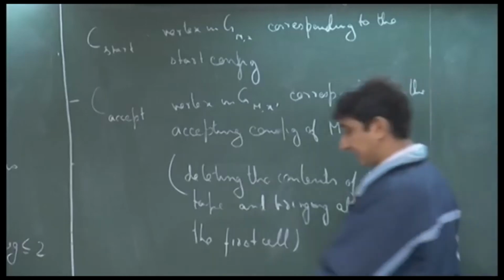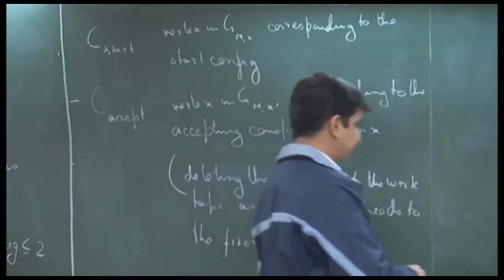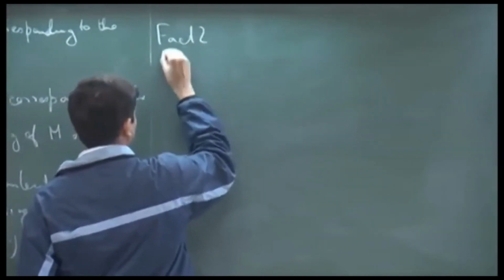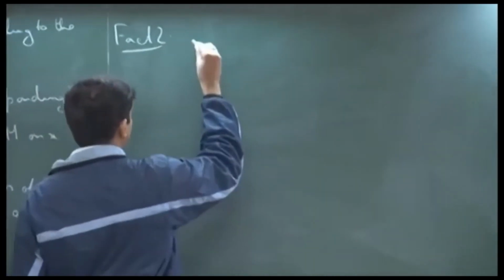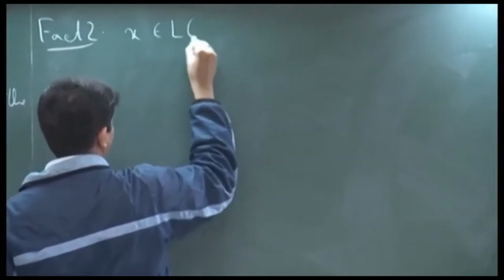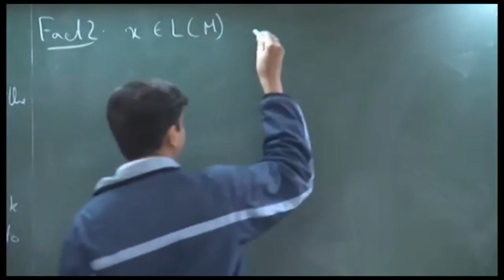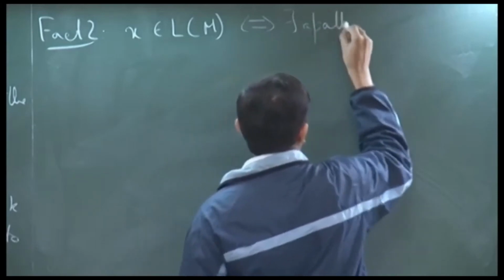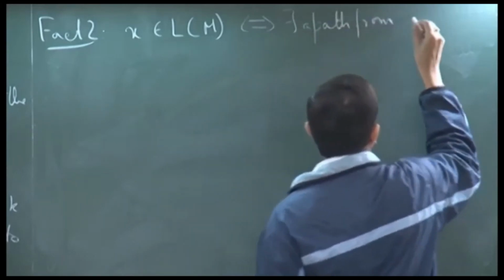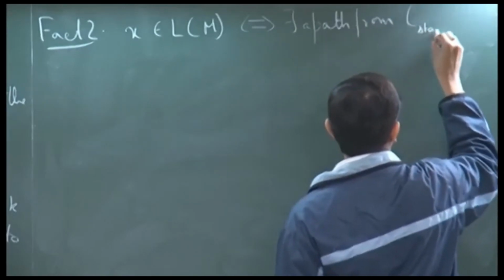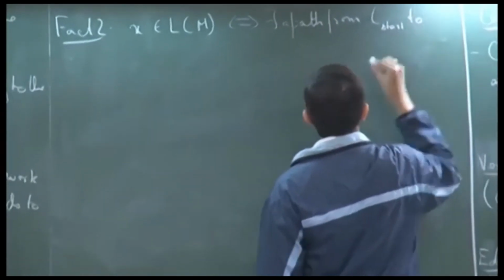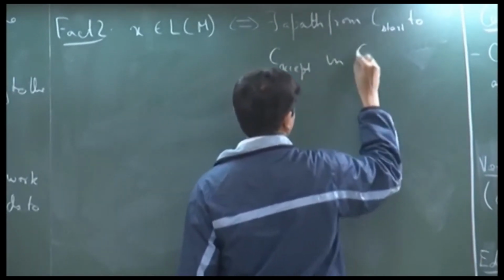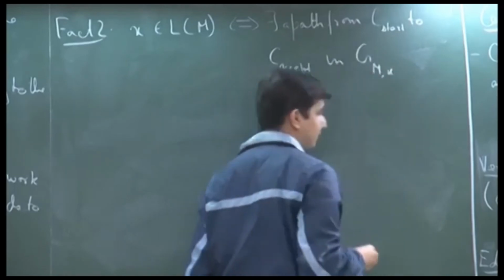And now I will just state this as a fact: an input x belongs to the language of a machine if and only if there exists a path from C start to C accept in G m of x.